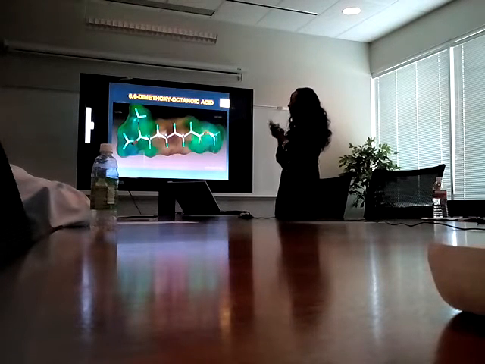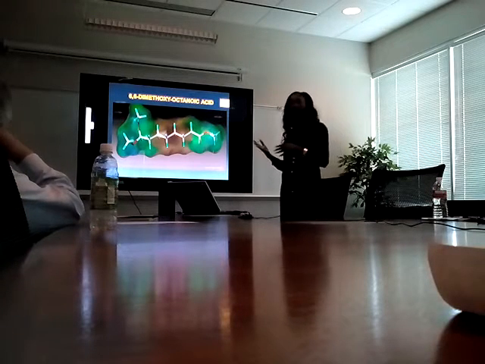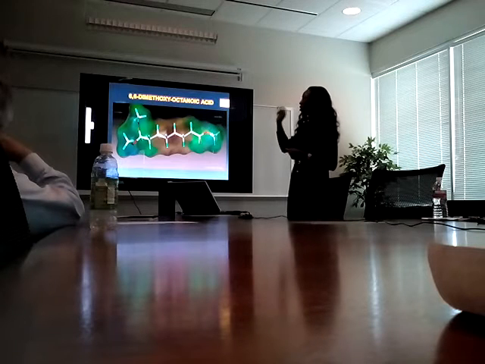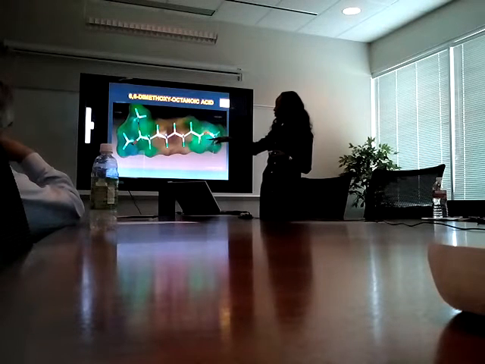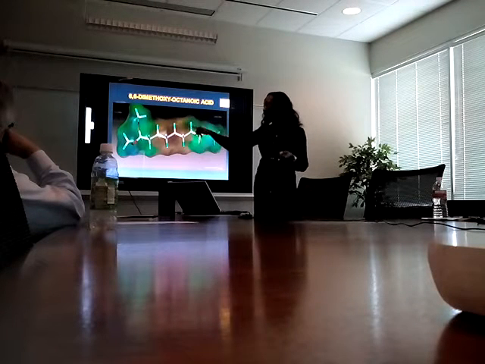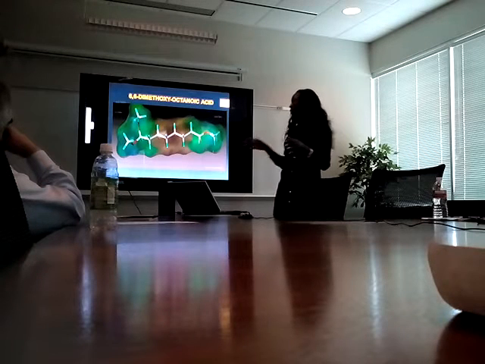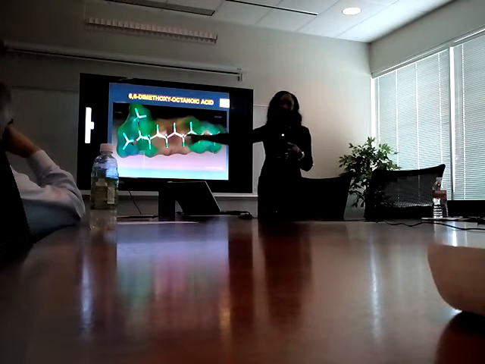Usually in a fatty acid, we have what we call the hydrophilic end and the lipophilic end. But for the dimethoxyoctanoic acid, due to the presence of oxygen atoms, which is represented by the red line, both ends tend to be more hydrophilic than the middle, which is very lipophilic.